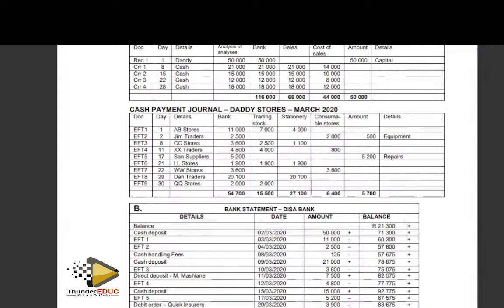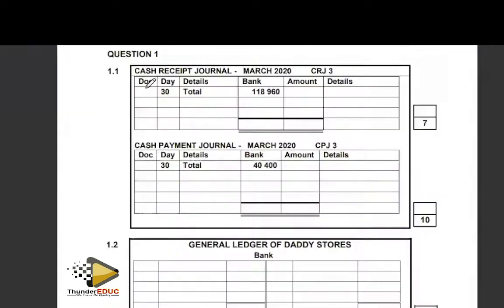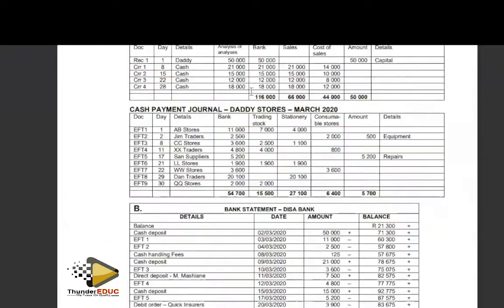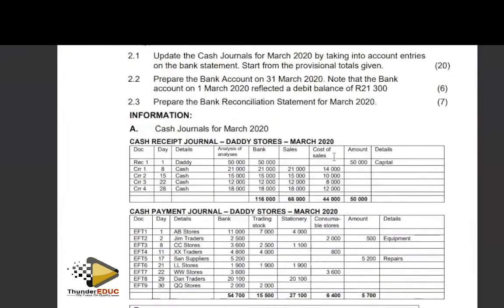The other thing I've not told you, look at our answer book. We always start with the totals. If you look at that, for example, 118,960. Where do we get this total? I think this was a mistake.